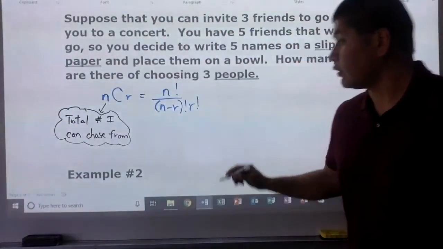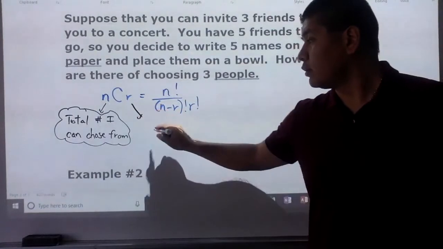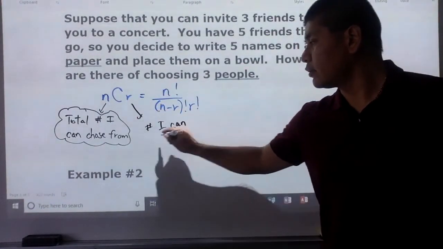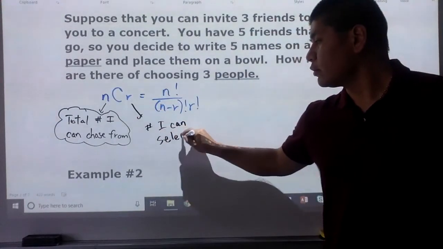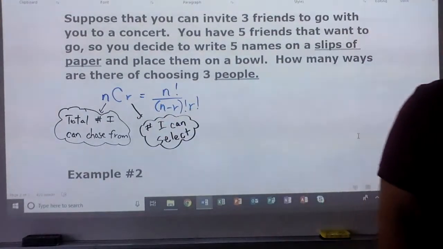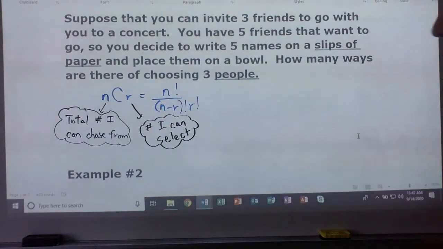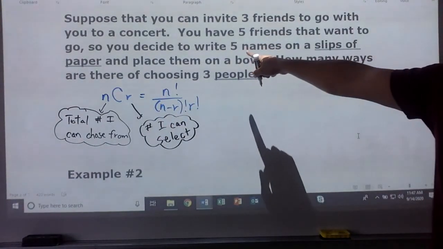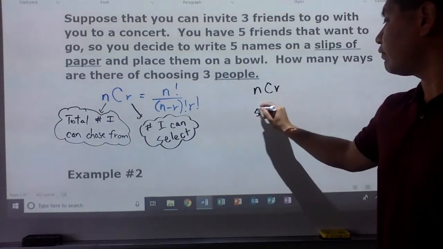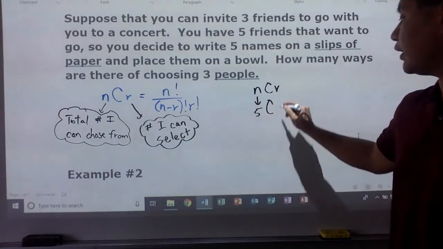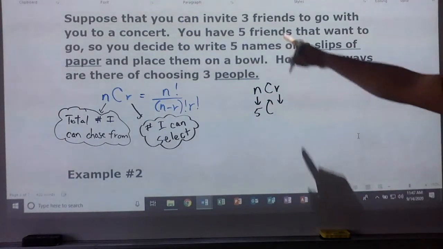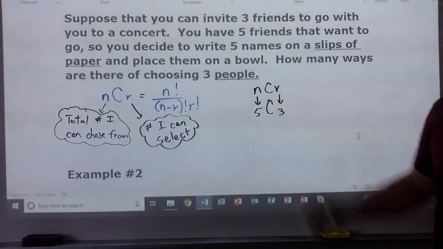On this side, the r is the number I can select. So my total number I can choose from, well, how many friends do I have? So it's going to be 5. Combination, my r. Out of those 5, how many can I select? Well, I can only take 3.